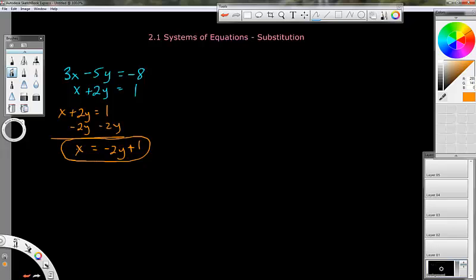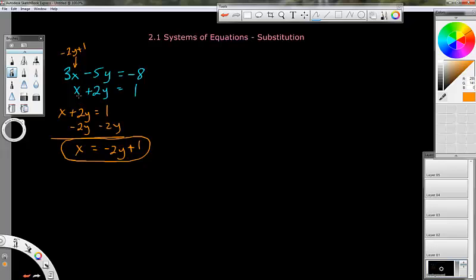But now I know that x equals negative 2y plus 1. That's what x equals, negative 2y plus 1. Which means, and I'm going to erase this, that x right there equals negative 2y plus 1. So I could insert right here negative 2y plus 1.